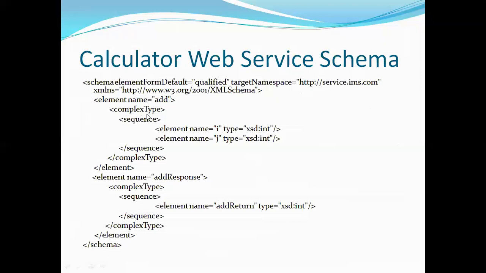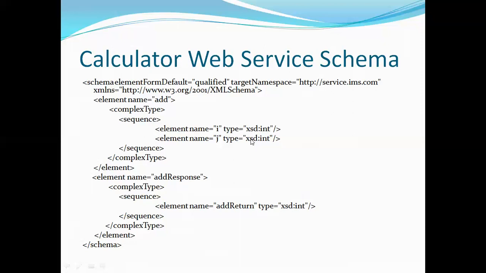Now, what are the main methods of this calculator web service? The main method I have considered is add: adding two numbers. What do I require? Two elements, i and j, and the data type of i and j is integer. When the add method is performed, I want the add response, with the element name addReturn and the data type integer.